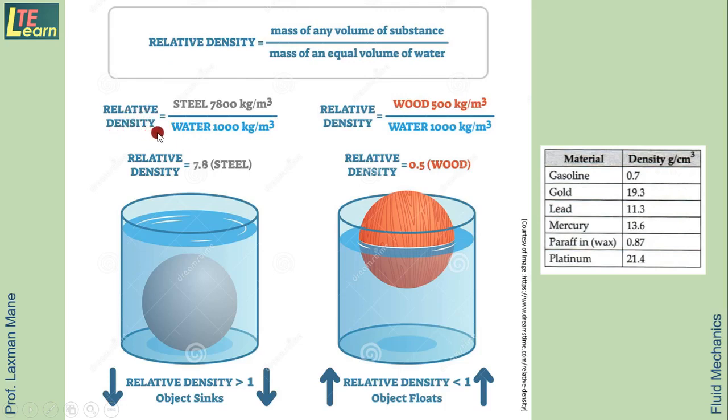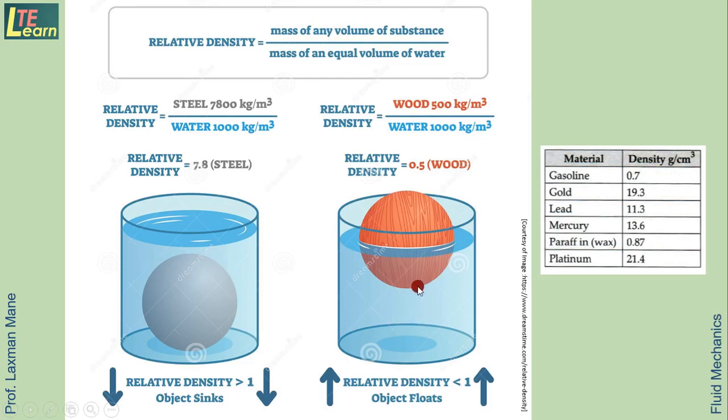Here the first case is a steel ball, whose density is given as 7800 kilogram per meter cube divided by the density of water, 1000 kg per meter cube. So the specific gravity 7.8 comes for the steel, which is higher than 1. So obviously in this case this steel ball is sinking in the water.